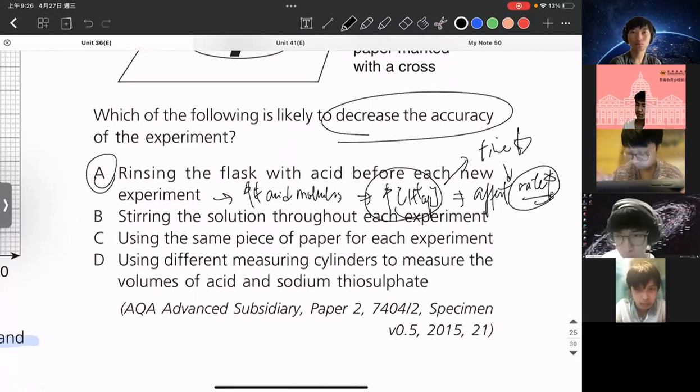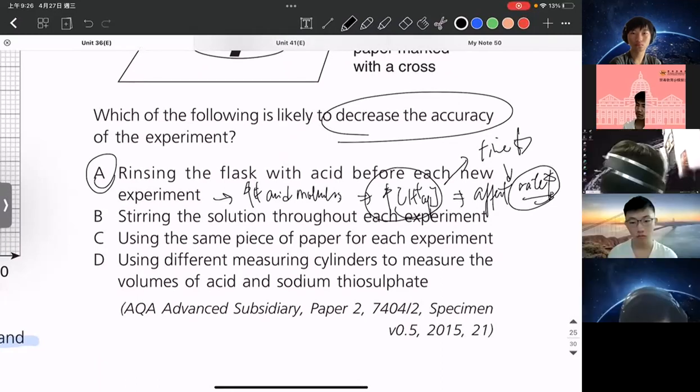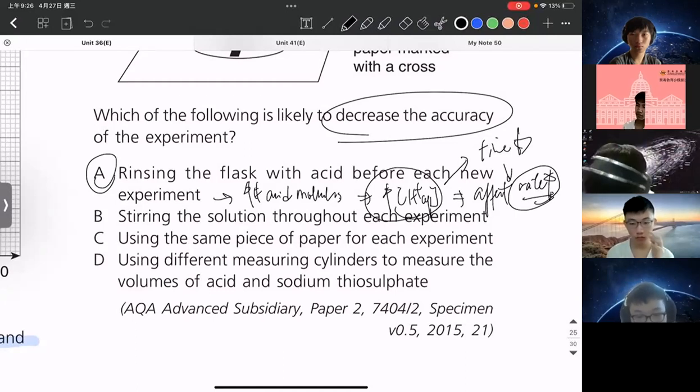How about C and D? No problem, because for C, that is highly needed. You must use the same piece of paper. For D, you use different measuring cylinders to measure the volume of acid and sodium thiosulfate. As long as every time you use the same measuring cylinder for each chemical, the inaccuracy will be minimal.